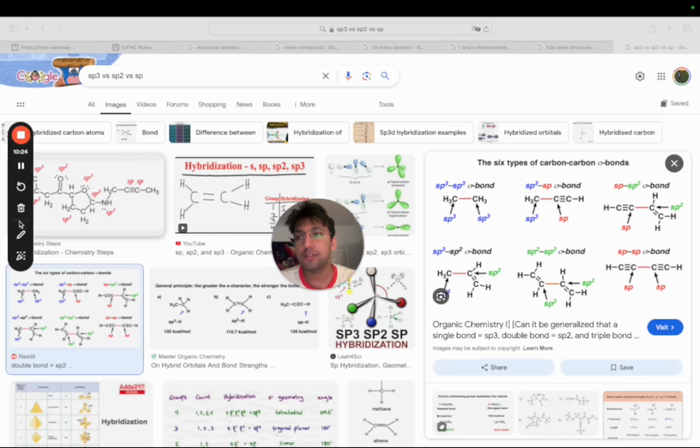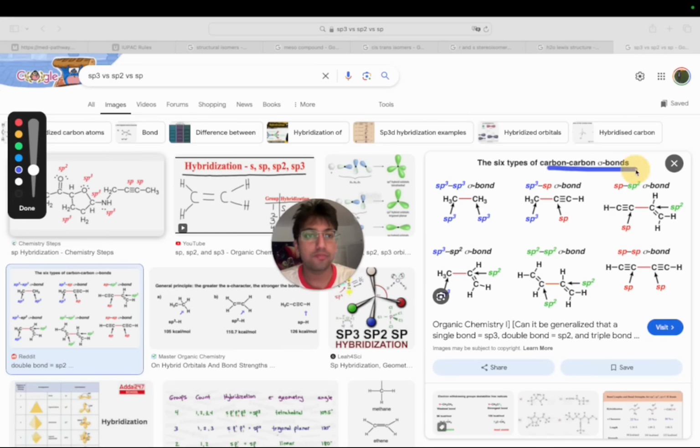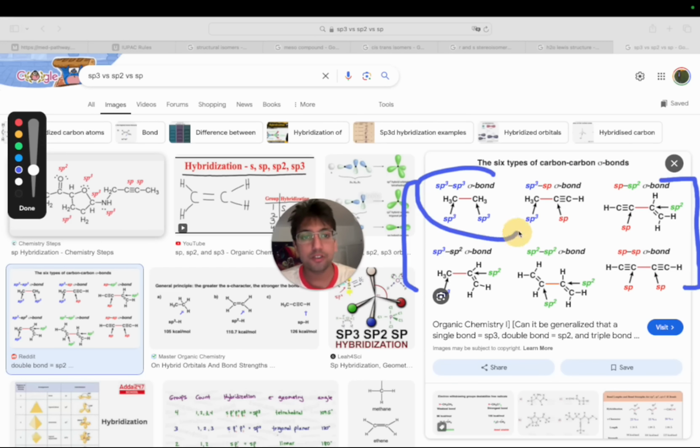All right, here's the example that I wanted to show you of the types of carbon-carbon sigma bonds. So this is various compounds in which we're looking at different types of sigma bonds that these carbons form. Over here, this is the simplest one. These are 2 sp3 orbitals that are next to each other. And this is describing the molecular orbital that the electrons in this sigma bond occupy.